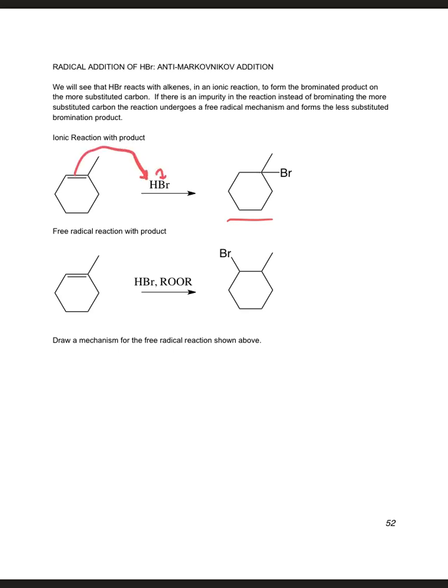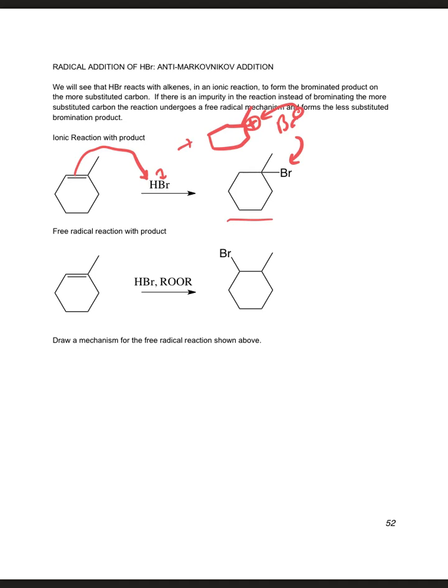It attacks the hydrogen. You kick off a bromine. It gives a cation on the more substituted carbon, and then the bromine adds to that to give us the 1-bromo 1-methyl cyclohexane. So it goes on the carbon that's most stable for the cation.